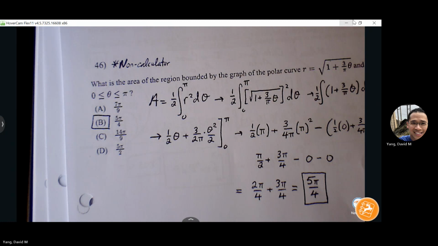Let's see. I've got to think about that. That's a little bit strange, because if the radius is negative, then it's in the opposite quadrant. So I don't know how that works out, but I don't think we need to worry about that. We should always establish that the radius is positive though. That's too many weird moving pieces if the radius is negative.